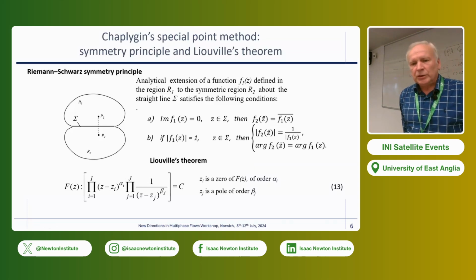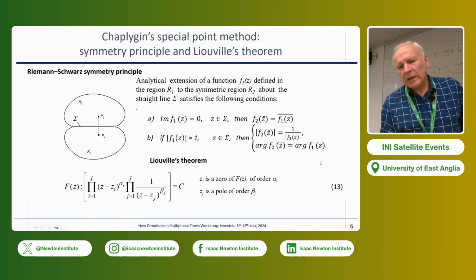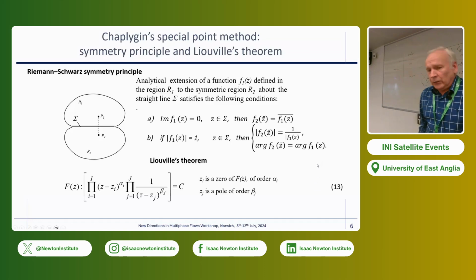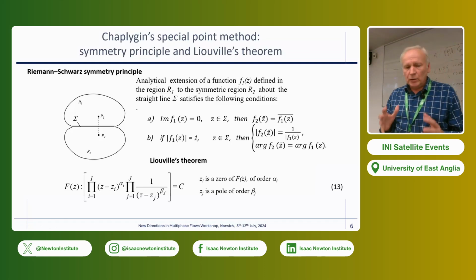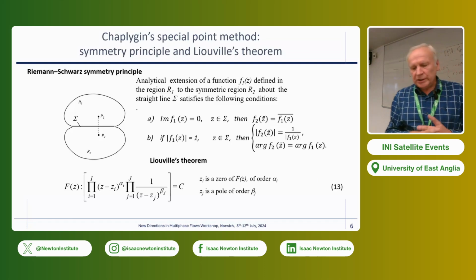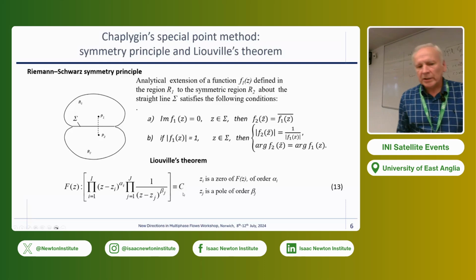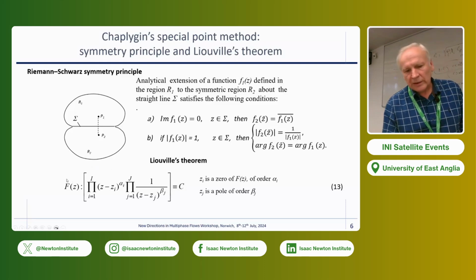For the second case, we need to put in point P the inverse value and provide the same argument. If all singularities in the extended complex plane are known, then we can recover the complex function easily using Liouville theorem, as shown in equation 13. Here all zeros of order alpha, all poles of order beta, and C is real constant. So from this equation we can find function f(z).